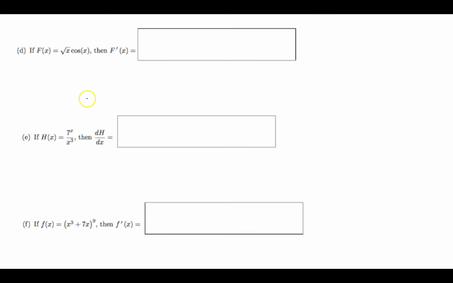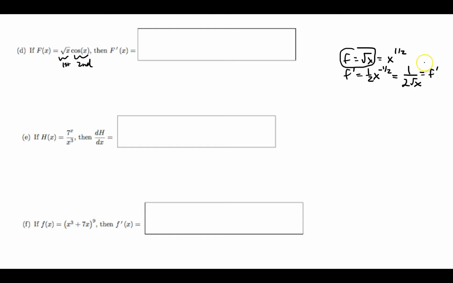Okay, and then we have the square root of x as your first function, cosine x as your second function. After you do enough of these, you'll get the hang of how to find a shortcut. Yes, it's x to the half. Yes, you bring down the 1/2 and take x to the negative 1/2, but you can simplify that as 1 over 2 root x. So when you see f as root x, I want you just to know the derivative is 1 over 2 root x.